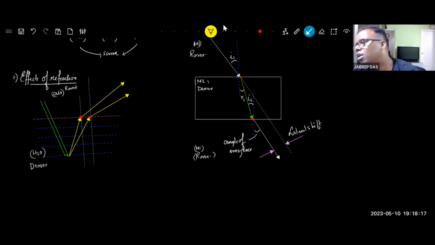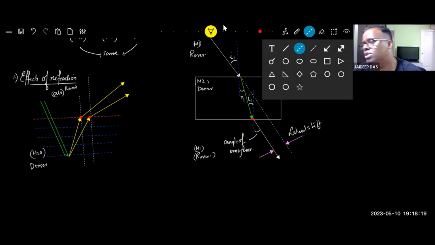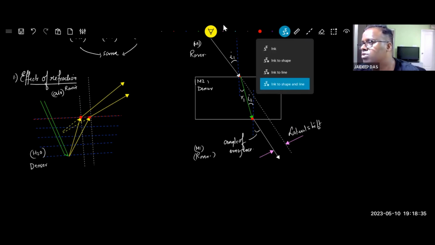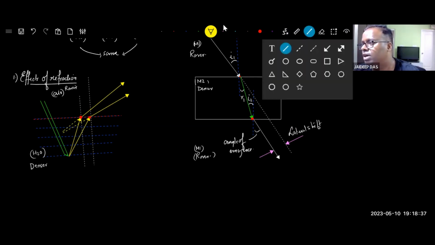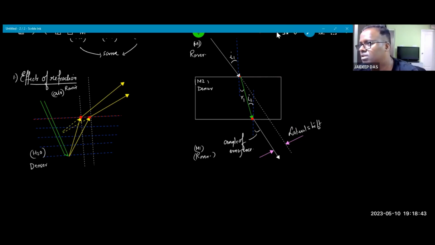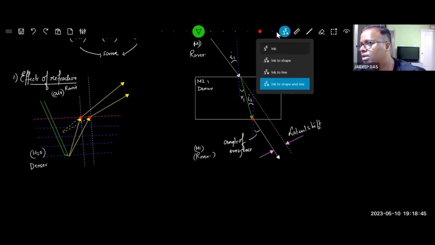Right? And now what you just do is extrapolate these two rays. It bent a bit too much, actually. So if you extrapolate this ray, and if you extrapolate this ray, these are the two rays. So what happens is that it appears to you that the stick is bent.